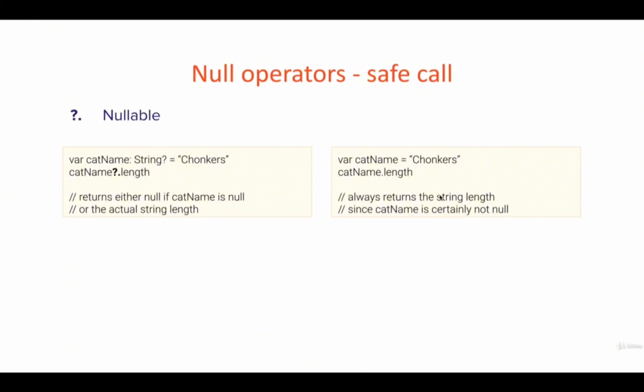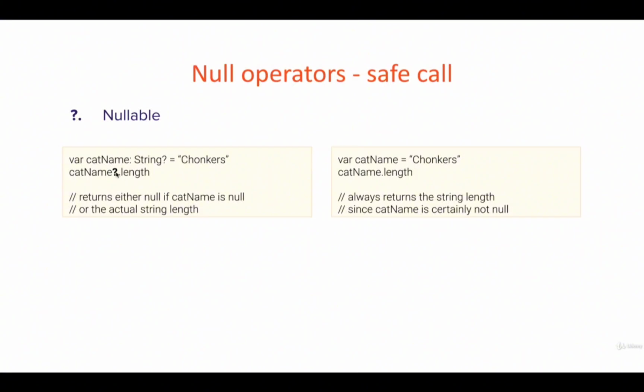So this will always return the string length, since cat name is certainly not null because we haven't declared it as possibly null here. But on the left side, we have declared this variable as possibly null, and here we're trying to get the length. So we cannot just simply use the dot length here because that might lead to a crash.